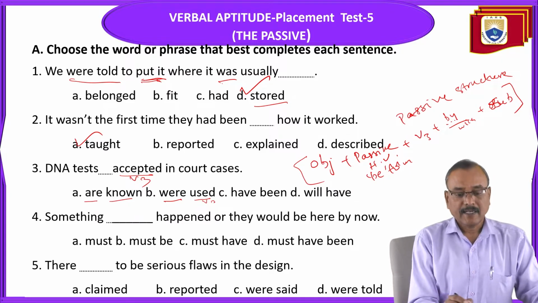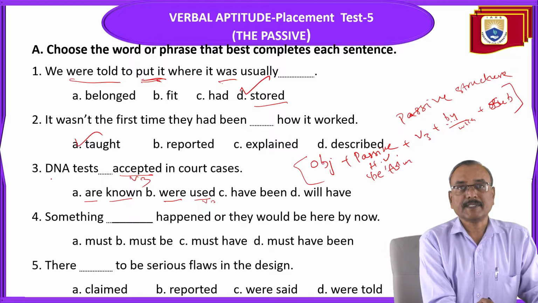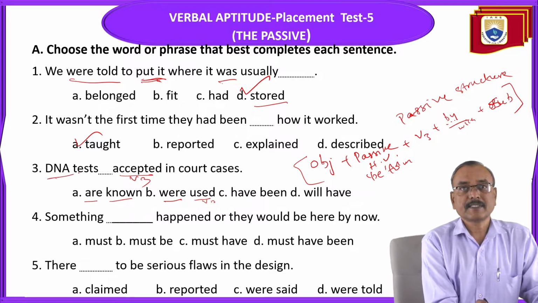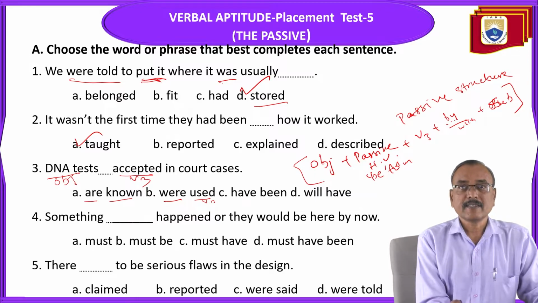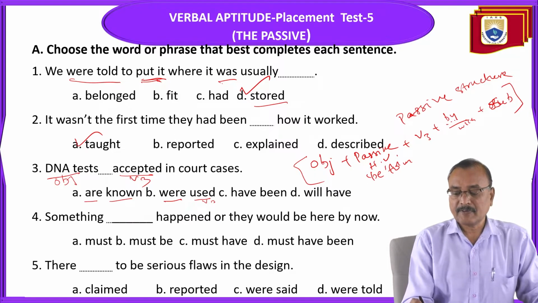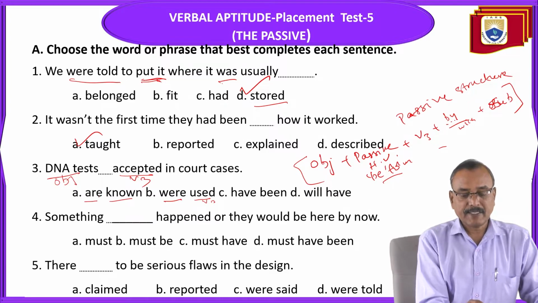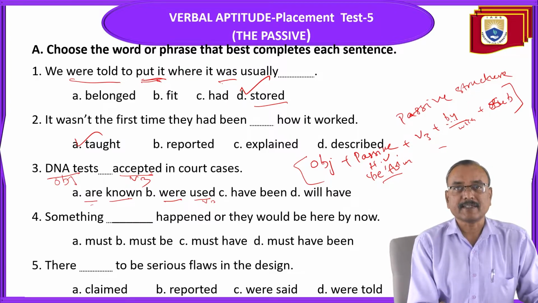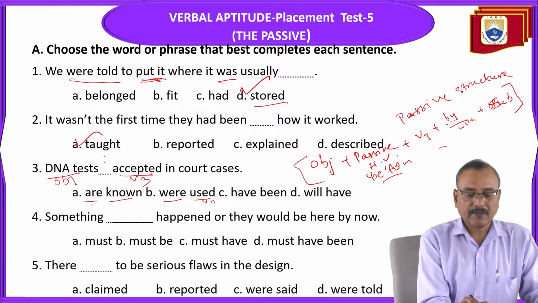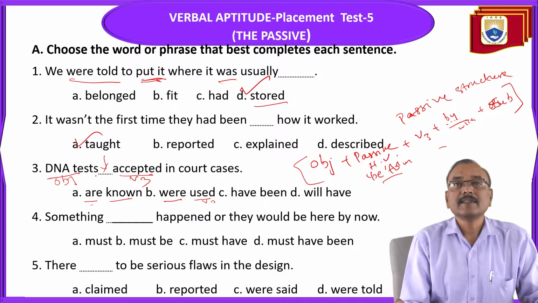So see here, DNA test here, it is object. Then it should be followed by passive helping verb, B form plus V3. Here B form V3 is okay, but here again V3 form is there. So here we have to look for only B forms.